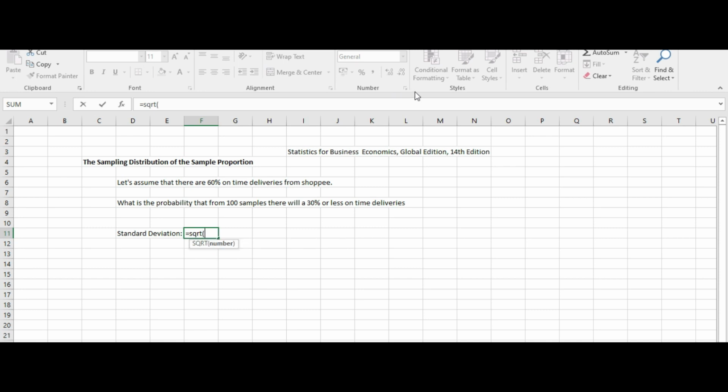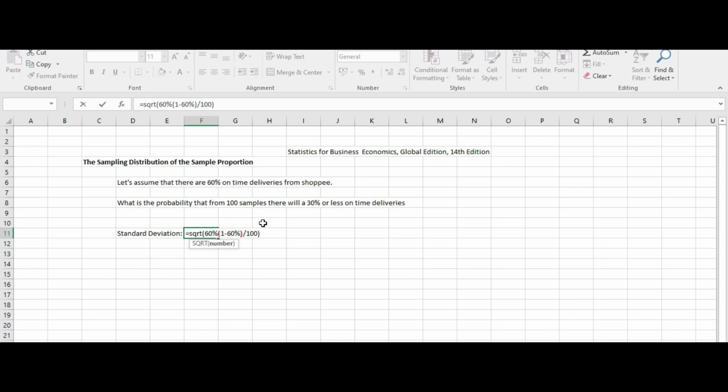And to get the standard deviation, we need the square root of 60% times 1 minus 60%, over 100. 100 is the samples here.